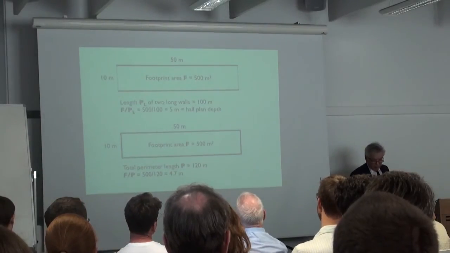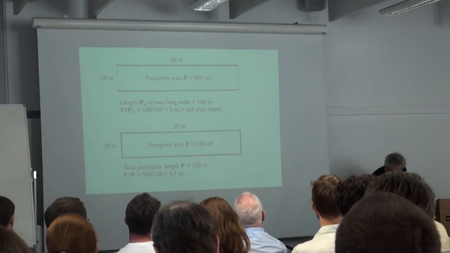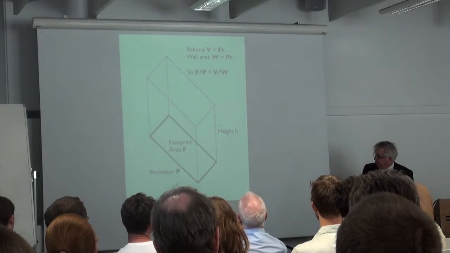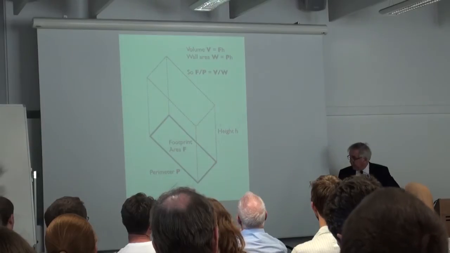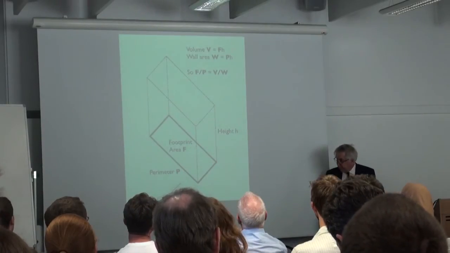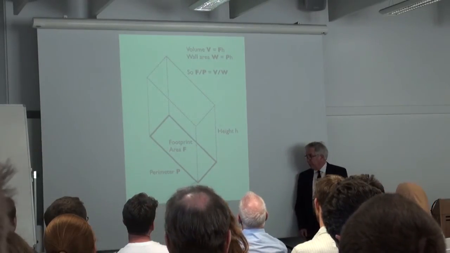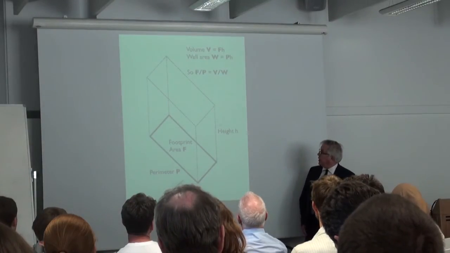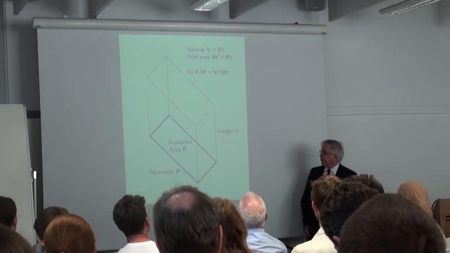There are other ways in which one might derive measures of plan depth, but I'm going to use that one. And that ratio of footprint to perimeter can be related to the relationship between volume and wall area. In fact, they're just the same.